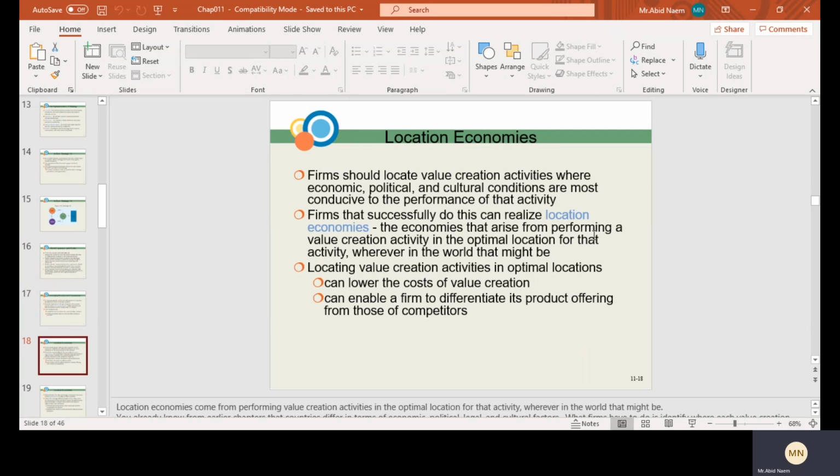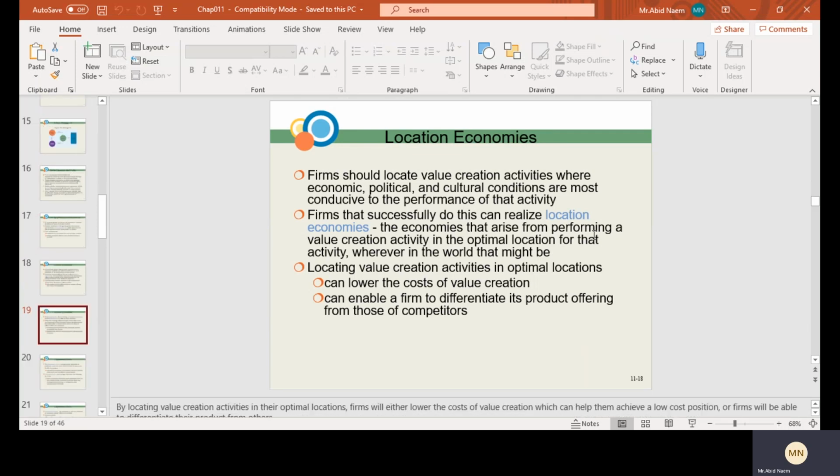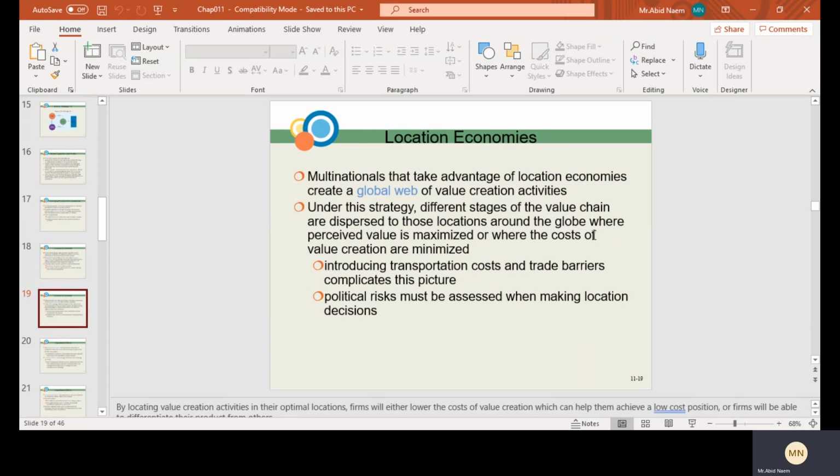In the optimal location for that activity, wherever in the world that might be. Locating value creation activities in optimal locations can lower the cost of value creation and can enable a firm to differentiate its product offerings from those of competitors. Multinationals that take advantage of location economies create a global web of value creation activities.